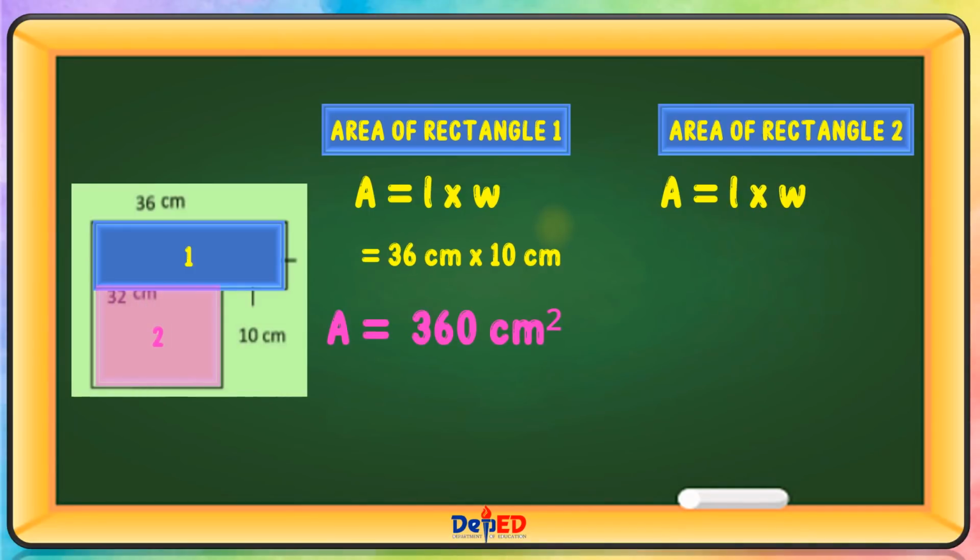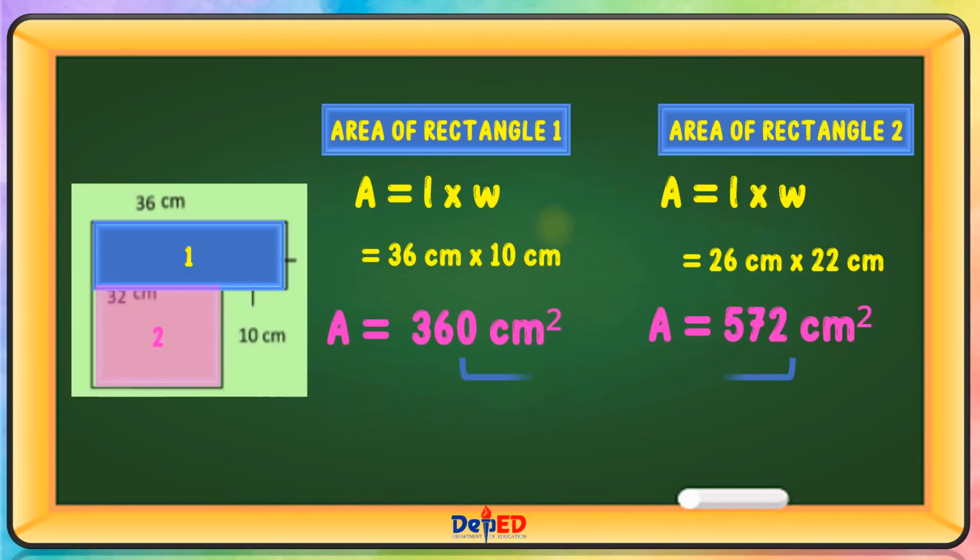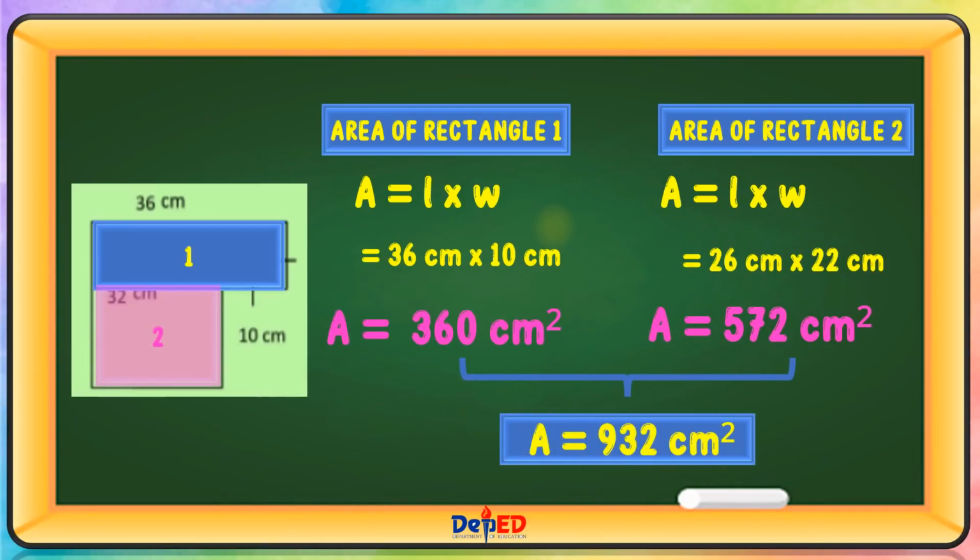Meron tayong length na 26 cm at 22 cm sa width. 26 times 22 equals 572 cm squared. 360 cm squared at 572 cm squared ay 932 cm squared.